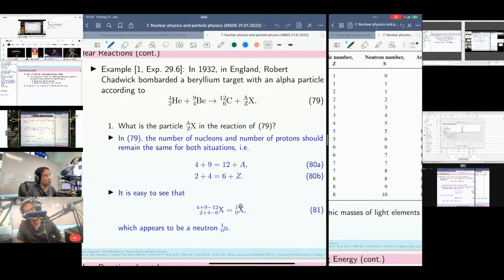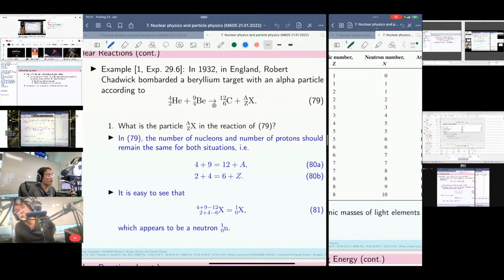There is no proton inside the nucleus, so the nucleon is a neutron. The result of this process by Robert Chadwick was the neutron particle. That's the way to find the particle from a reaction process, and this was discovered in 1932 by Robert Chadwick.